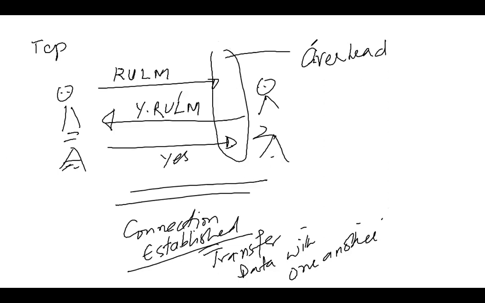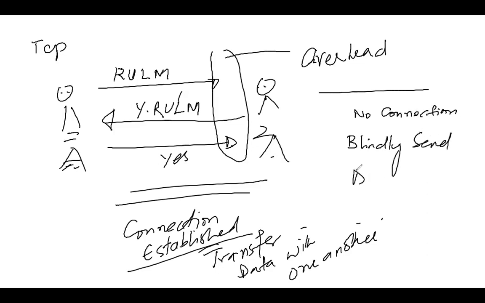While in the other way, you can see that in message passing, there is no such limitation that you will establish a connection. It is blindly forwarded. Blindly send data on different links.